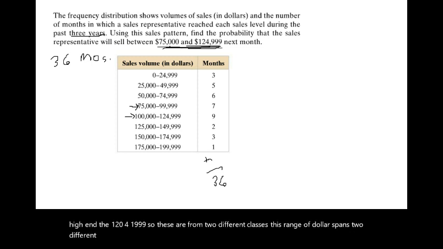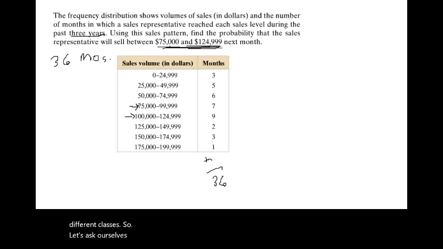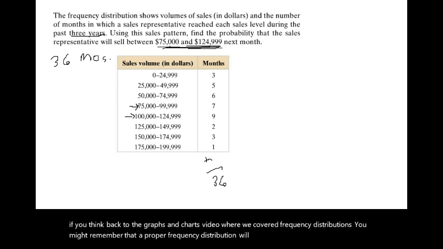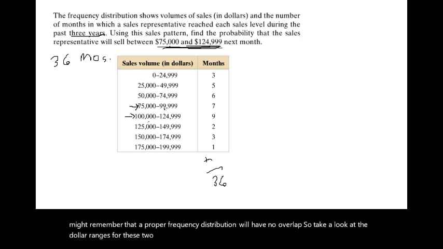So let's first ask ourselves, in a frequency distribution, can there be any overlap between the classes? And if you think back to the graphs and charts video where we covered frequency distributions, you might remember that a proper frequency distribution will have no overlap. So take a look at the dollar ranges for these 2 classes. Are there any overlaps between them? There are not, and there's no gaps either.